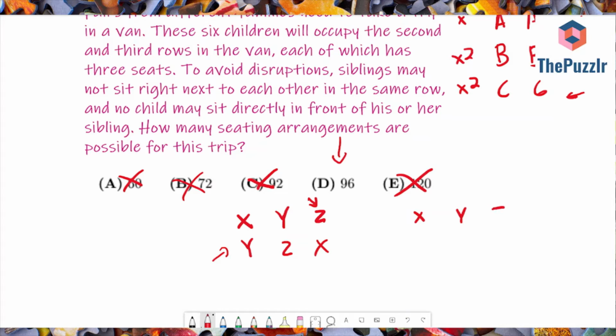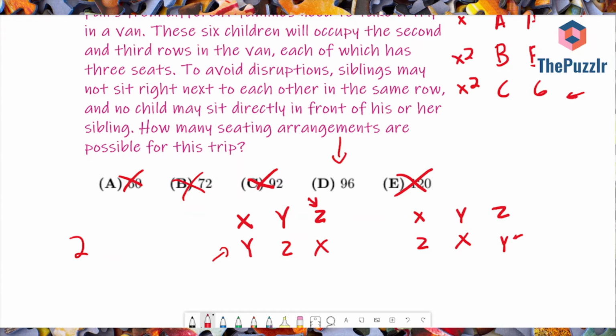What if we have X, Y, Z, and then instead of Y here, we have Z here? Then X would need to come here because Z or Y can't come there. And then right here, we would have the last letter, which is Y, and that's valid. So there's 2 possible valid cases, no other valid cases.